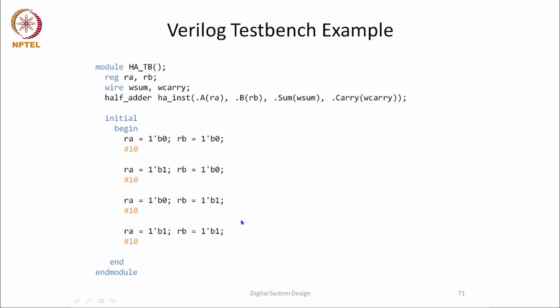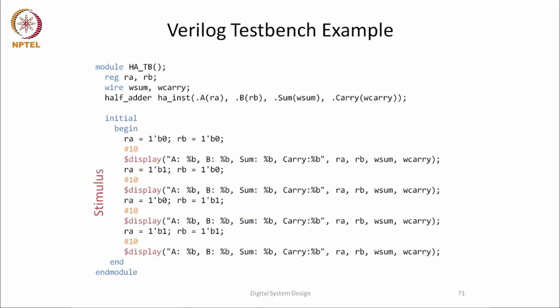Then the question is, how do we see the output? One method is to use printf-like statements. The printf in Verilog is written as $display, and the syntax is very similar to C. You can write inverted commas, A and then percentage B, which means the output would be written in binary form.